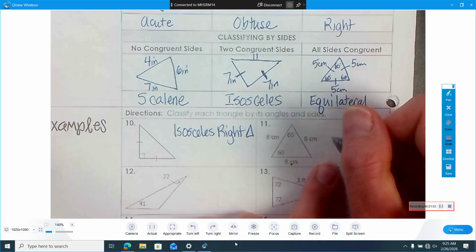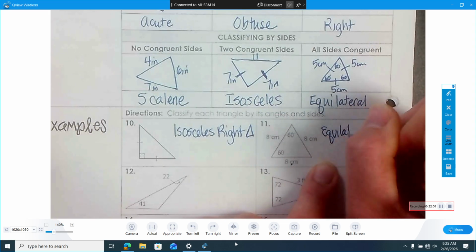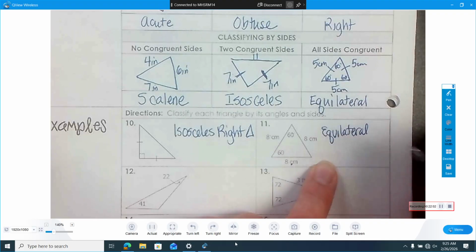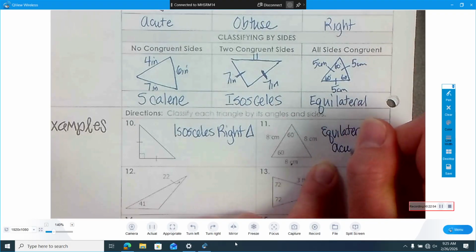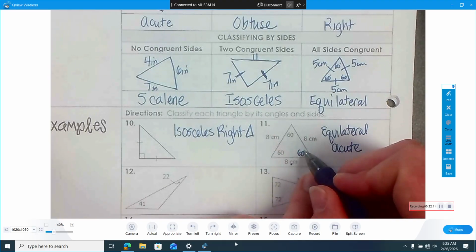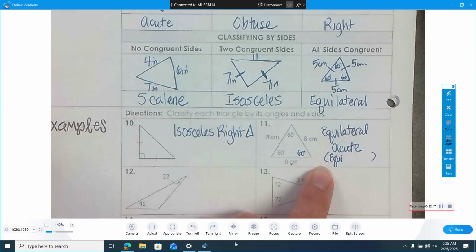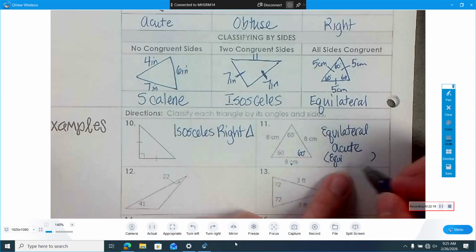So we could call this equilateral, acute. I also want to say, and I don't know if this word comes up, when all three angles match, you might see the word equiangular.